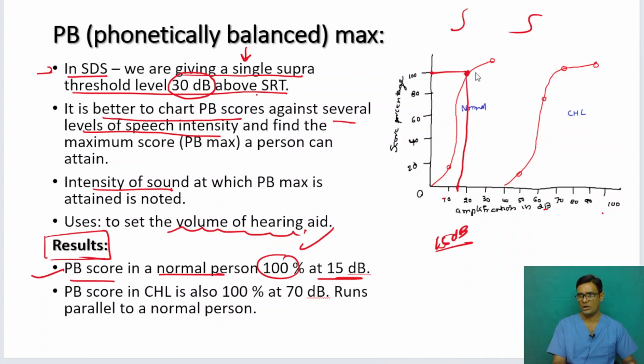So that is normal. In conductive hearing loss, in this particular case, he repeats 100% of the words correctly at 70 decibels of intensity.